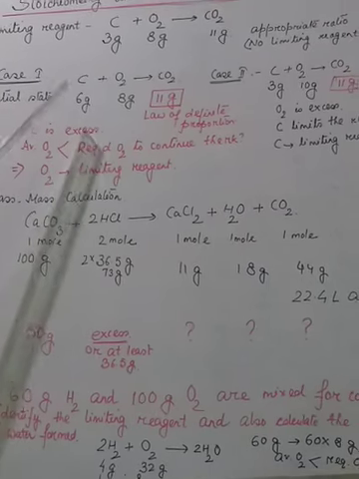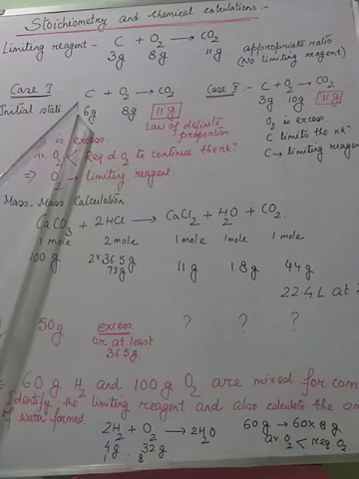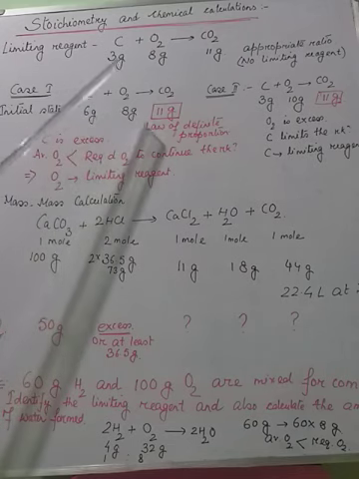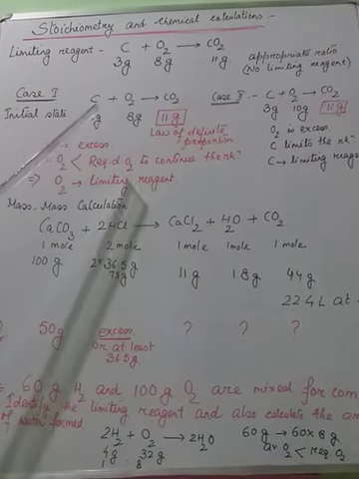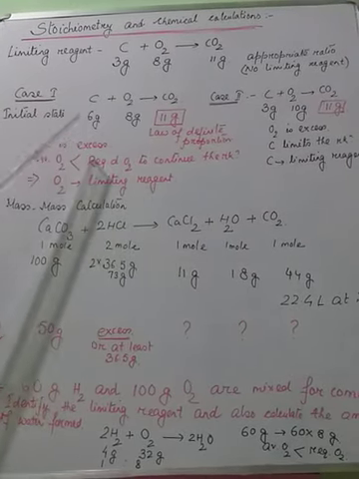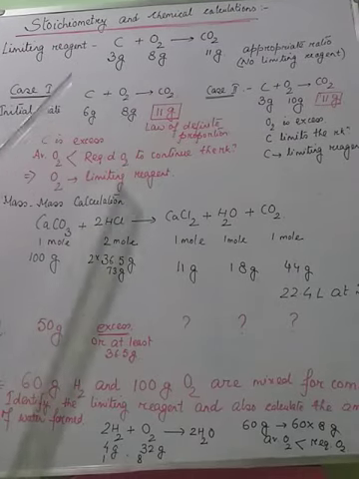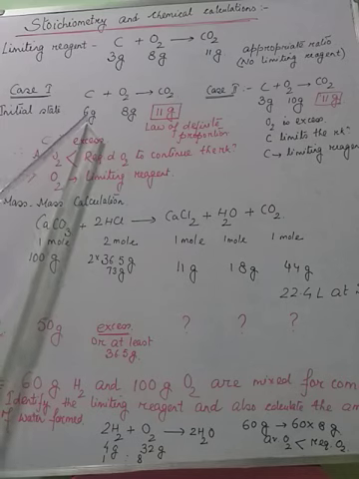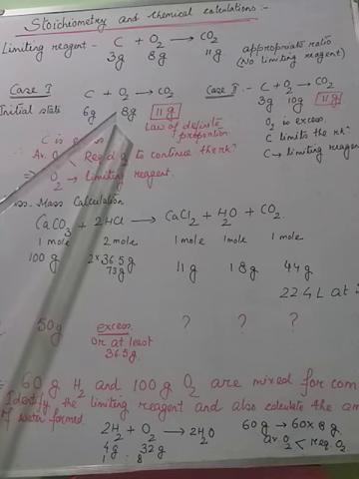However, in this case, if we have limited supply of oxygen, since carbon also forms another oxide, there is every chance that carbon monoxide would be formed. That's why I am pointing out every time that if it goes to that particular product, carbon dioxide, then here carbon is in excess and oxygen is the one which stops or limits the reaction.